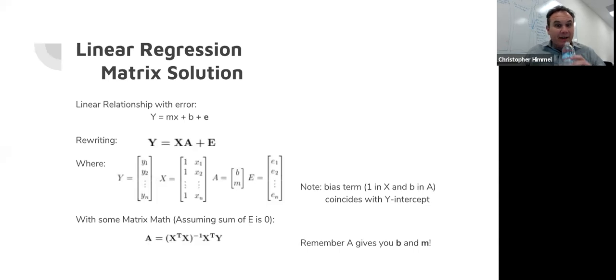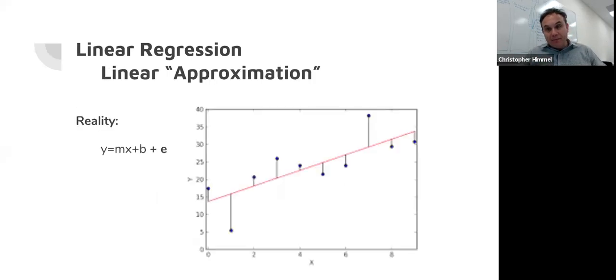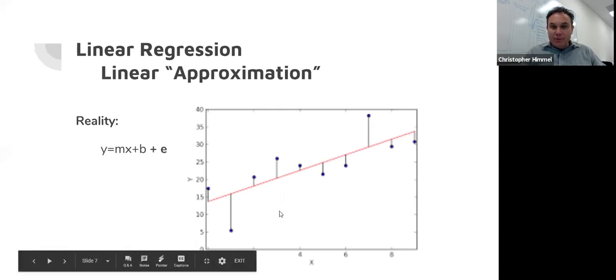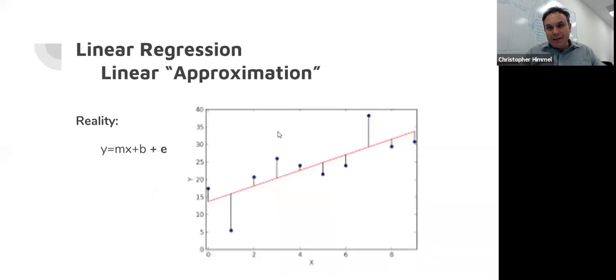And sometimes you won't have an inverse. Sometimes you'll have singularity, where you won't have a best fit line for all these data points. For instance, let's say that all these points were on top of each other vertically. Then the line you come up with would be a vertical line, where the slope is infinity.